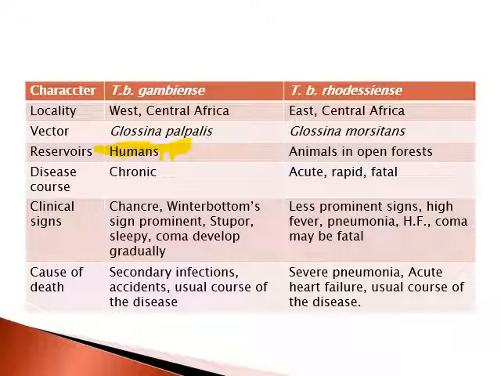In the case of Trypanosoma rhodesiense, severe pneumonia and acute heart failure usually cause death in the infected persons, and the usual course of the disease is very rapid, and severe coma occurs and it is fatal.